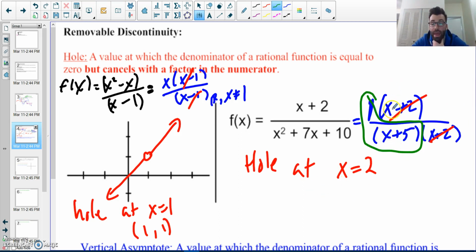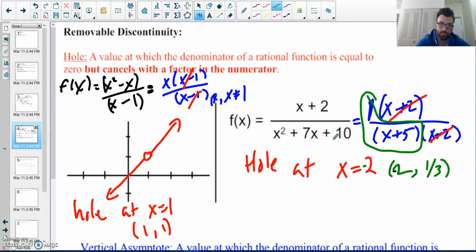Now, after I cancel out the hole, input 2 in here, I would have 1, excuse me, that should be a negative 2. Negative 2 plus 5 gives me 3 on the denominator right here.